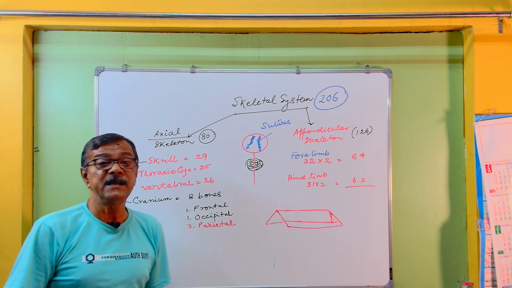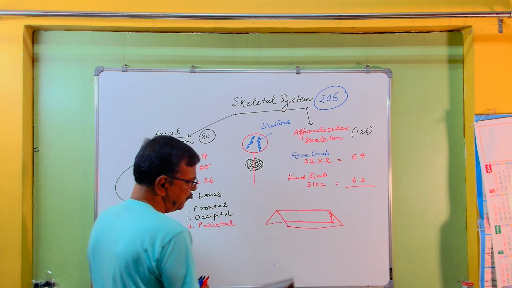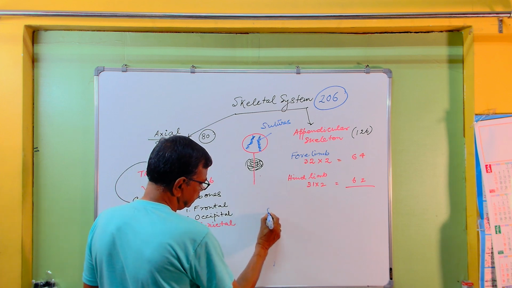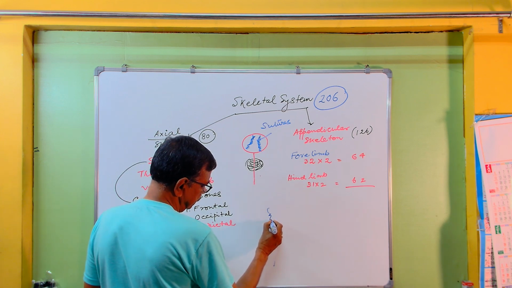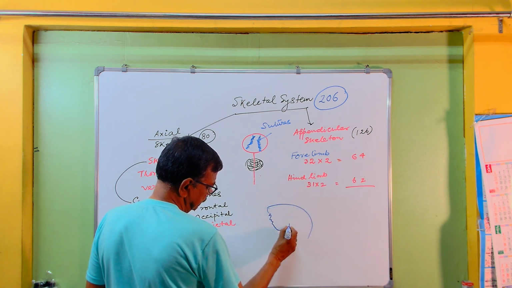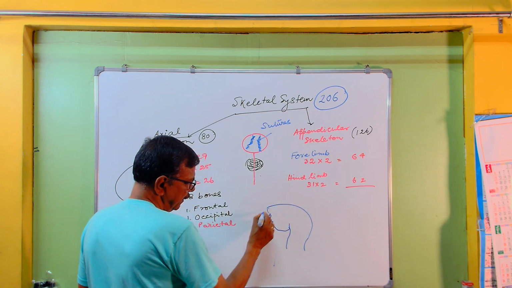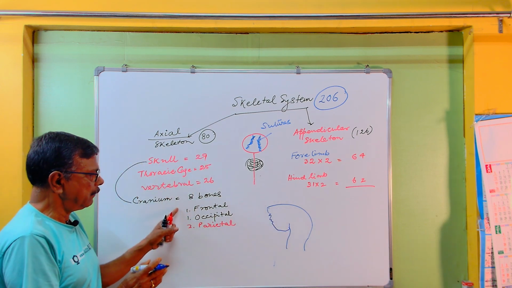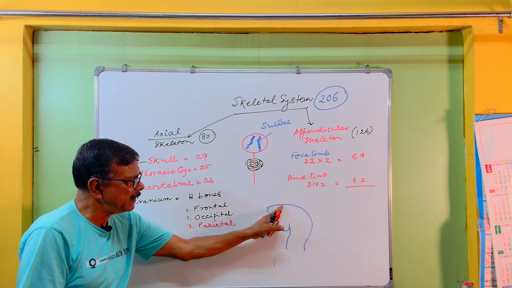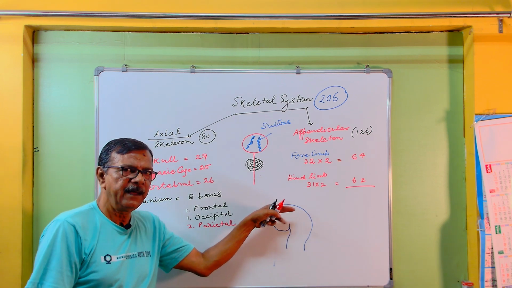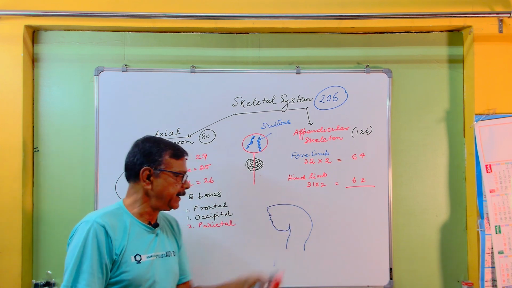Then comes the temporal bones. Where are the temporal bones? This is the face. Face we have not come across till now. So we are considering the frontal bones. This is occipital, this side is parietal, and that side is also another parietal.